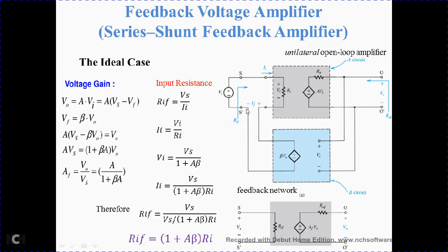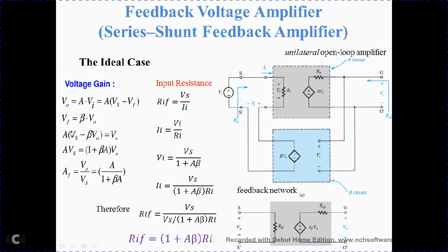Now substitute, we get this. What is Vf? Vf is nothing but beta times V0. Correct? So please substitute this Vf in this equation so that you get this. Is it clear?